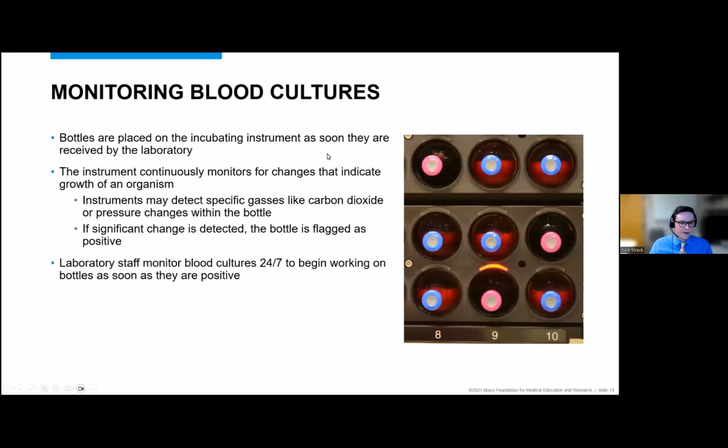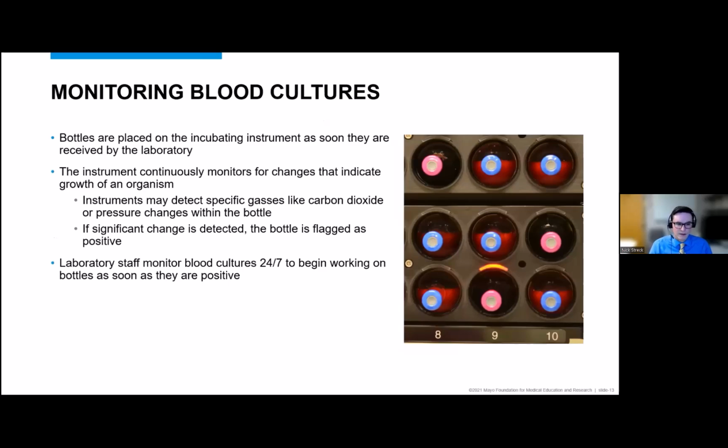So once we have gotten these bottles collected, and they've been sent to the laboratory, I want to talk about the downstream work that occurs in the laboratory, to give you an idea of why we might need some specific aspects to this collection process that is different than some other blood testing.